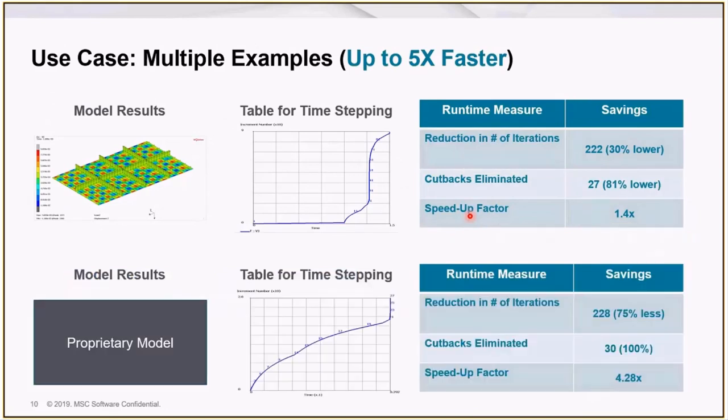Here are a couple of the other examples. We did a large number of test cases, of course. Some are even shown that are up to 5 times faster. At the top, we have a post-buckle panel. You can see with the color pattern, this is the buckle pattern that we got in the skin. And this was the actual table based on the time stepping work that was done before.